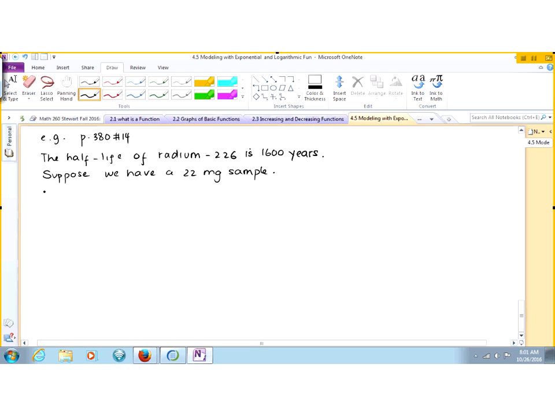Okay, 22 milligrams. A, find a function that models the mass remaining after t years.